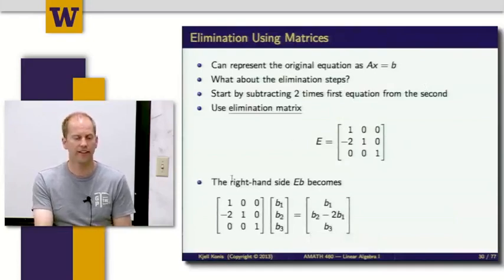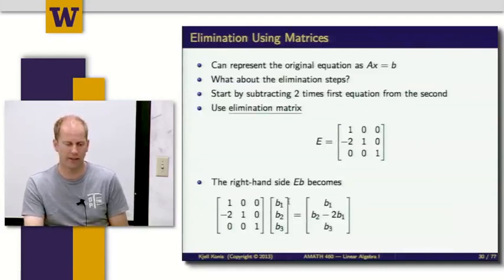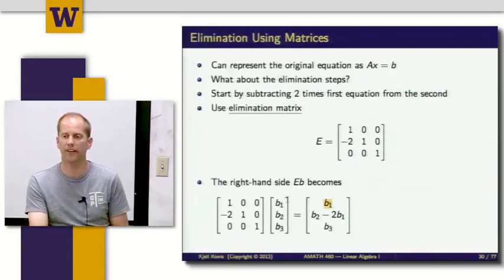We can see that just by using either one of our matrix-vector multiplication pictures. Here I'm just looking at the right-hand side to make the example a little easier. If I have 1, 0, 0 dot b1, b2, b3, that's just going to give me b1. So this matrix leaves the first element unchanged.